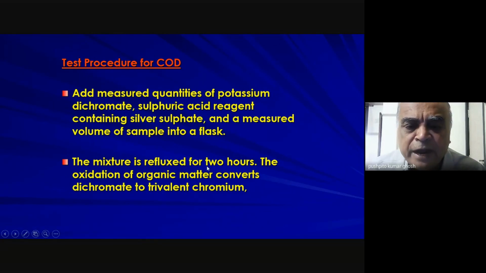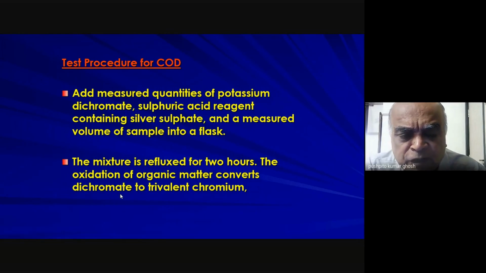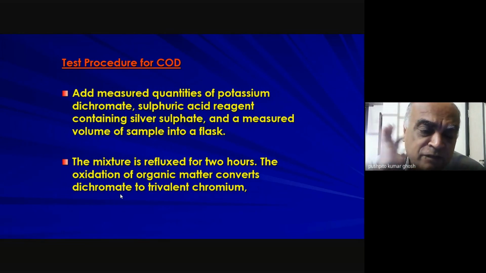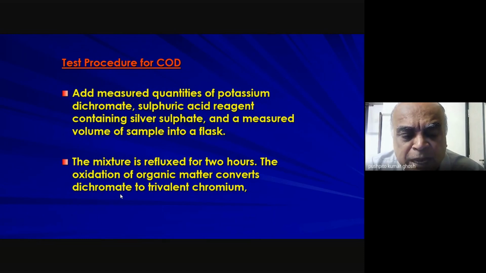And at the end of it, basically your organic matter has got converted into CO2. And if you used an inhibitor for nitrate, then of course, the nitrogen, you can assume that it stays as NH4+. And then what has happened to your dichromate? It's basically gone from chromium 6 to chromium 3. And since it's dichromate, there are 2 chromiums, and each is undergoing a +3 change in oxidation state.